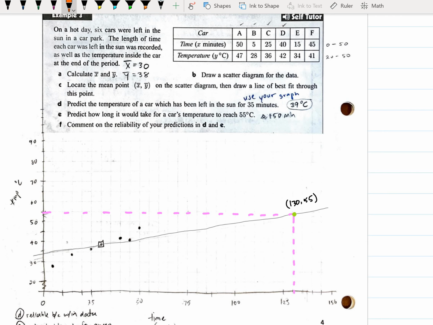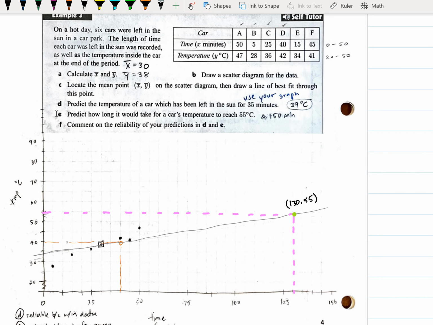It looks to be about here, which I'd say is just shy of 40, maybe 39. So I said 39 degrees is the temperature of the car which has been left in the sun for 35 minutes. Then they asked me to predict how long it would take for the car's temperature to reach 55 degrees.